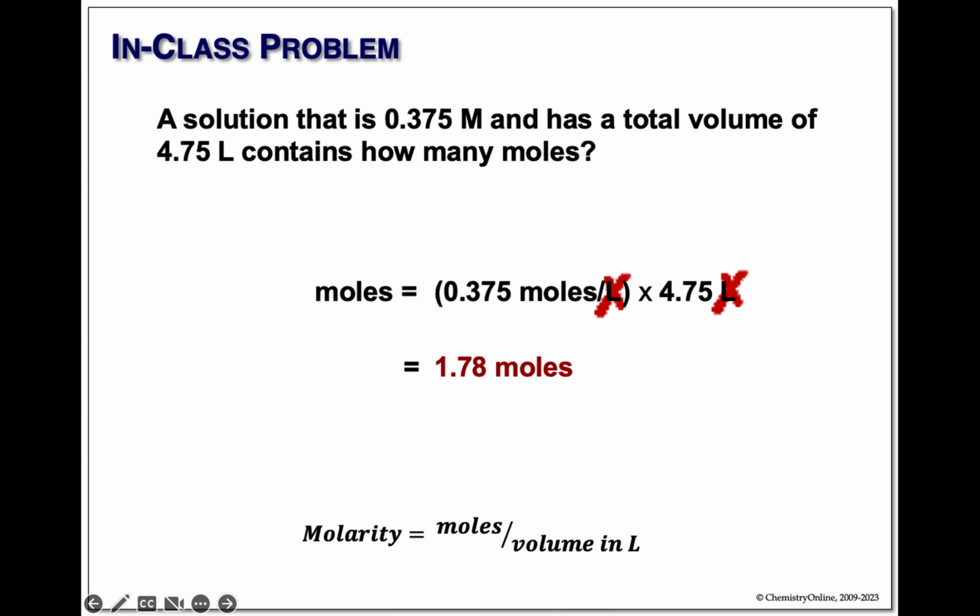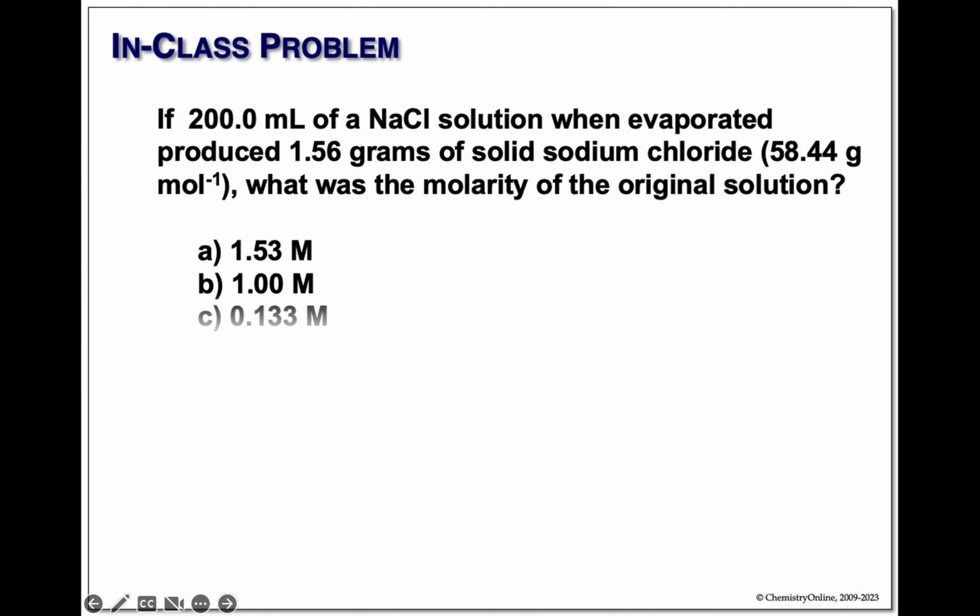One more here. We have sodium chloride in solution. We let it sit on the bench top until it evaporates. We very carefully scrape out the solid sodium chloride. We have 1.56 grams. What was the molarity of the original? What we have here is a mass and a molar mass, don't we? We also have a volume.